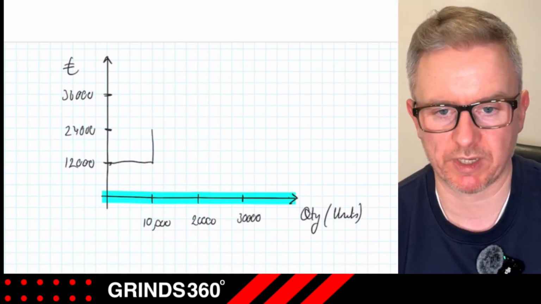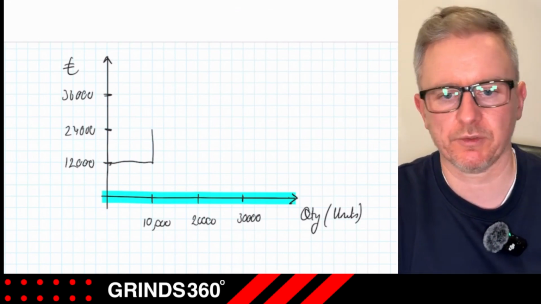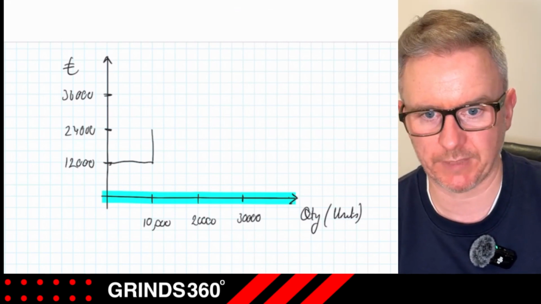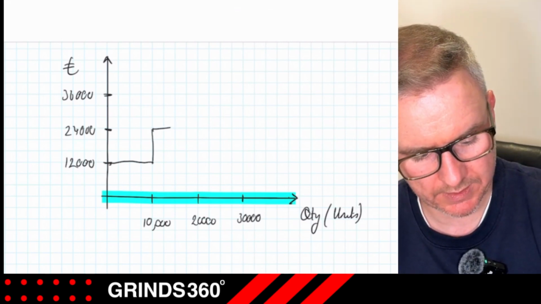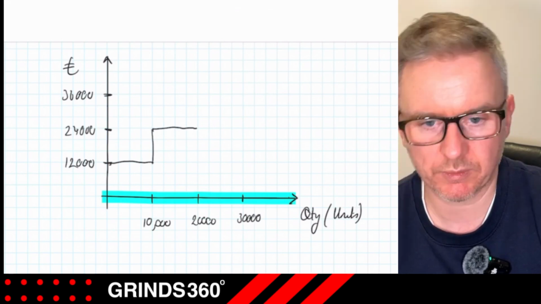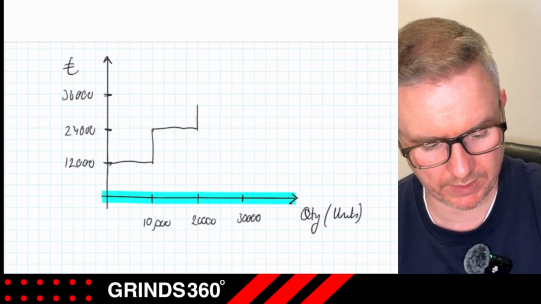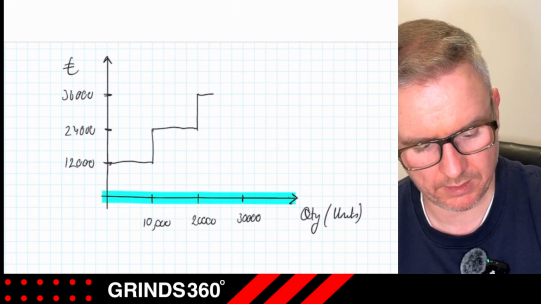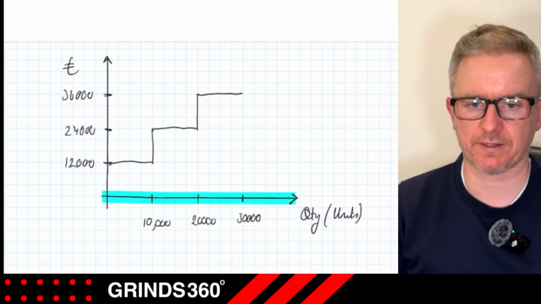Now we're just keeping this really simple. We're saying it's the exact same warehouse in a row of warehouses in an industrial park, and they're saying, yeah, it's another 12 grand. So when we're producing between 10,000 and 20,000, we have to rent 2 warehouses, so it's costing us 24. If I go above that again, it's going to cost more. So that's what's known as a step fixed cost.